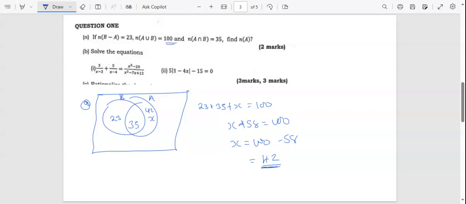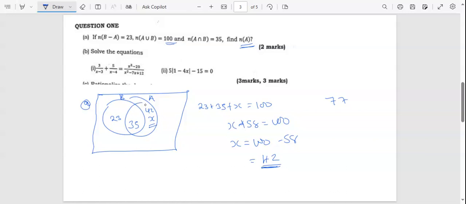So in A, it was just the value of x that we didn't have. So we want to find the number of A. What you do is you add this 42 plus the 35. That will give you 77, right? Meaning that just for A there are 77.